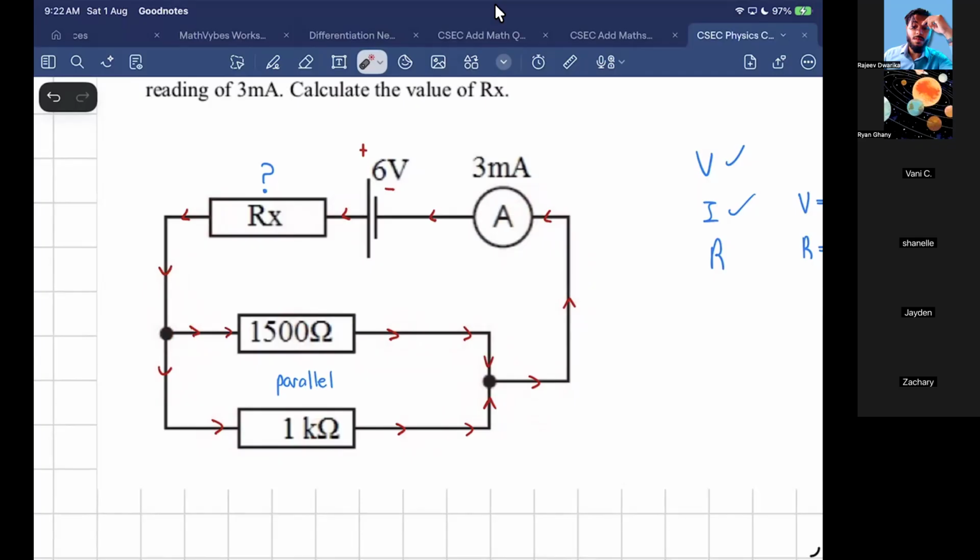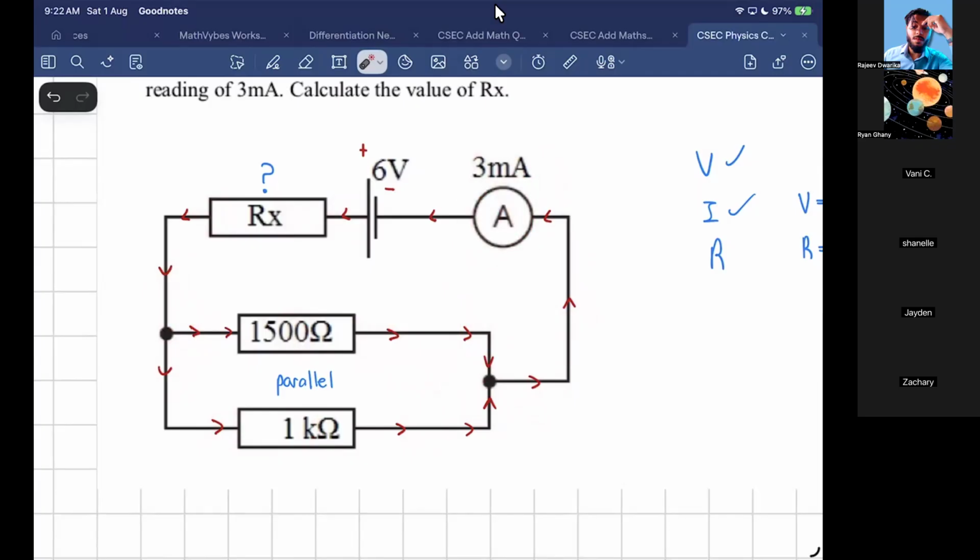The total. Yes, that is the total. If I had placed the ammeter over here, because the current had split, I would get a fraction of the total current. But because the total current merged back over here, it's total current. Do you understand that or no? Yes, sir. What about the rest of you all? Do you all understand that this is the total current, not a fraction of the current?